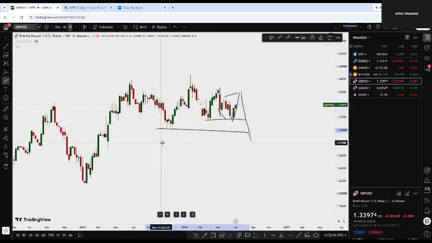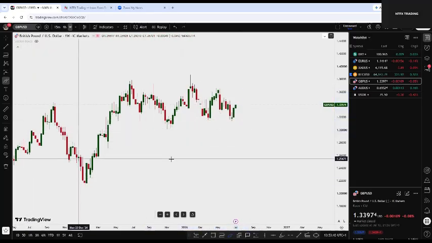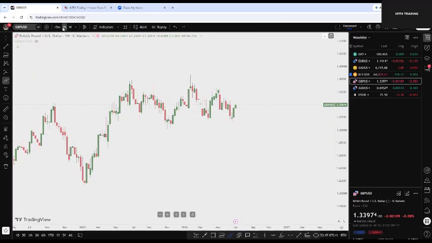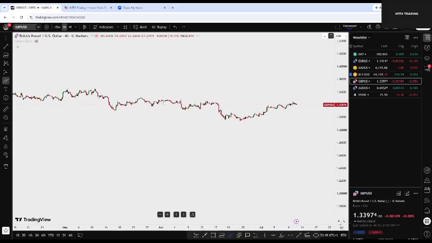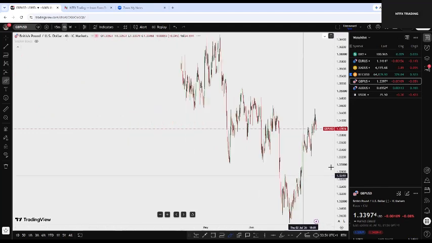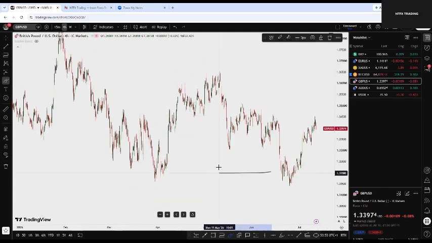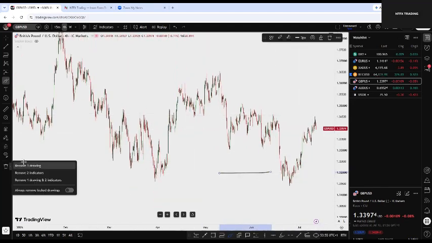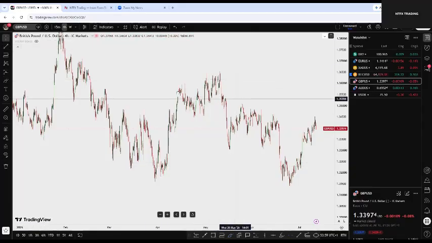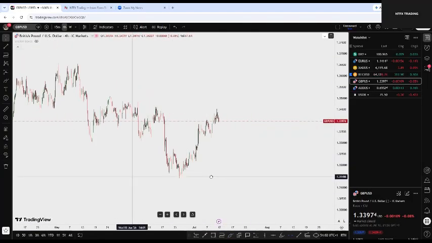That's what we are expecting from GBP USD. We still expect it to make a bit of a move to the upside. Okay, I won't be surprised if I see this structure.